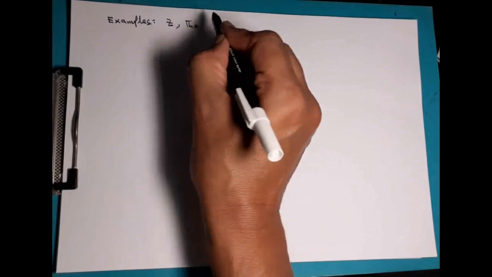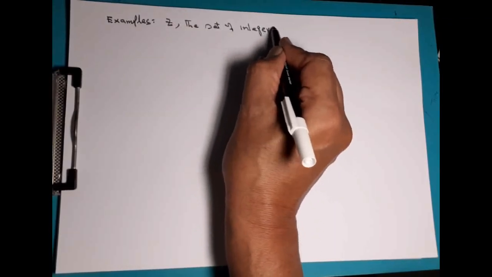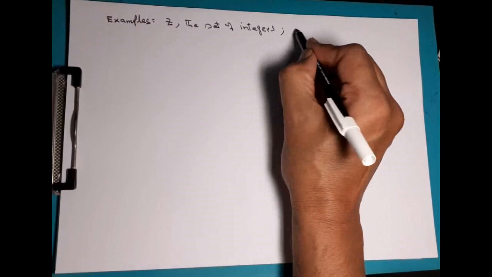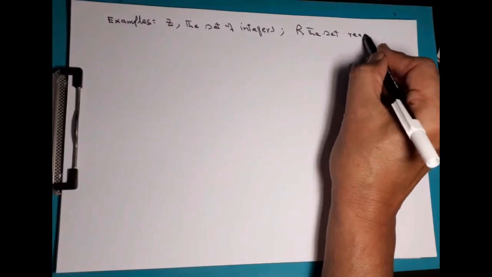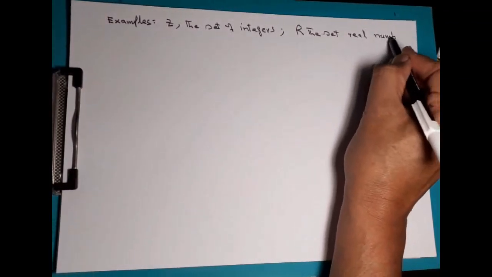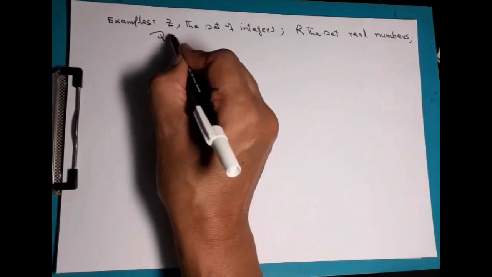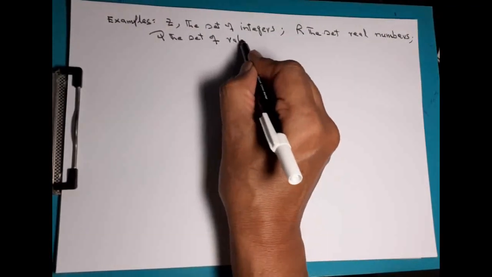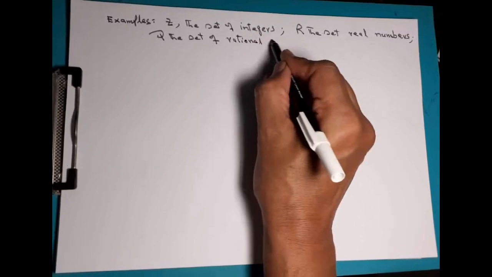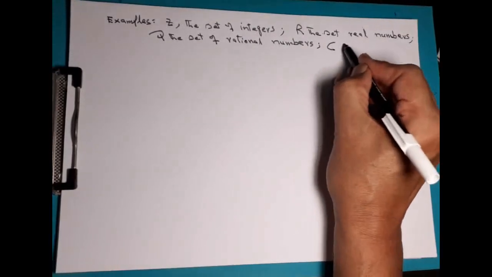Z, the set of integers, or the set of real numbers, and Q, the set of rational numbers, and C, the set of complex numbers.